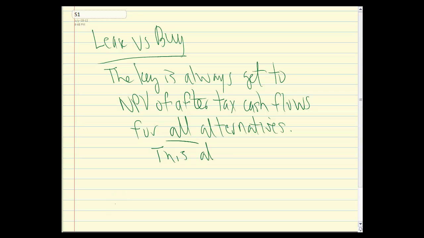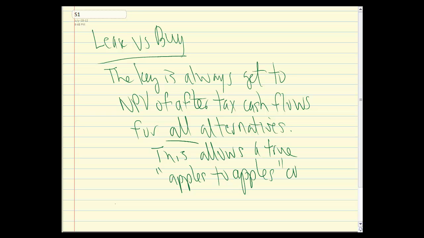This allows a true apples to apples comparison. Everybody agree? If everything's after tax in today's dollars, you can actually compare the two options. Otherwise, if you're saying dollars here, dollars there, after tax here, you're treated differently for tax, it's very hard to do the analysis. So the only way to do it is to bring everything back.